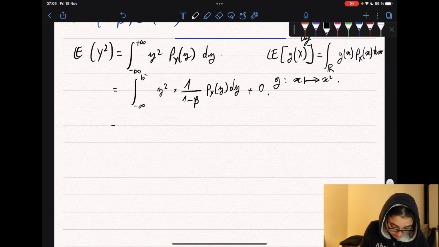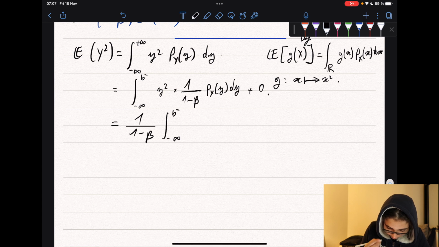And here, similarly to what we've just done, we're going to take out the constant 1 over 1 minus beta from the integral using the linearity property again of the integral, and this will allow us to come to the conclusion that we've just made.